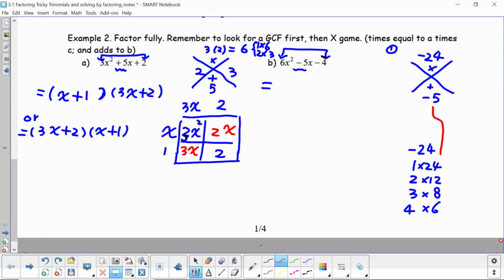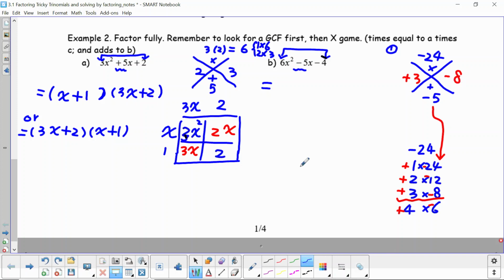The larger number's sign is the same as your sum. So the sum is negative, then the larger number needs to be negative. And times together is negative, so one number is negative, the other one needs to be positive. Then we are going to see which pair adds together to -5. So this one. So +3, -8.